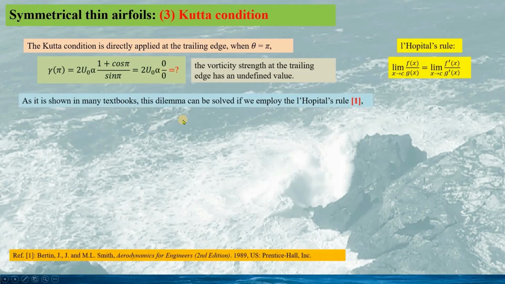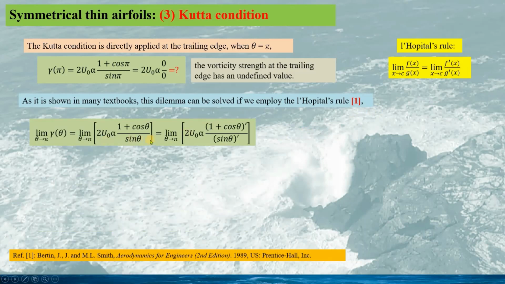This difficulty can be solved if we use L'Hopital's rule following the reference given here. The limit of the ratio of both functions f(x) and g(x), where both are 0 in the limit, can be replaced by the limit of their derivatives given by this.